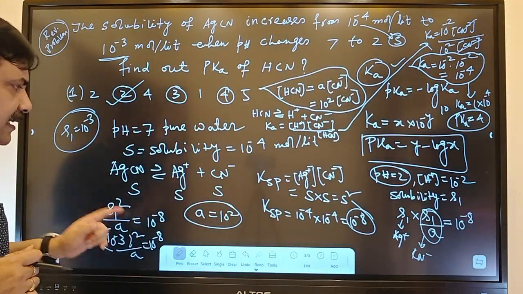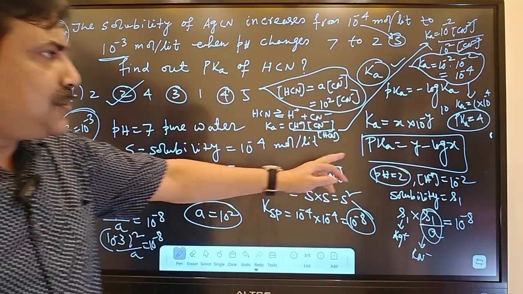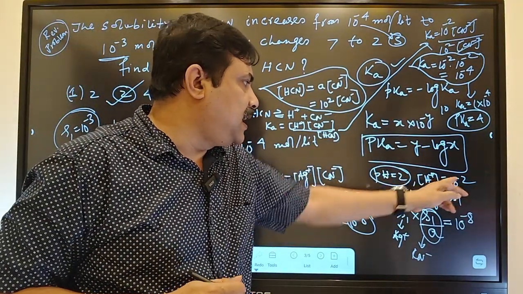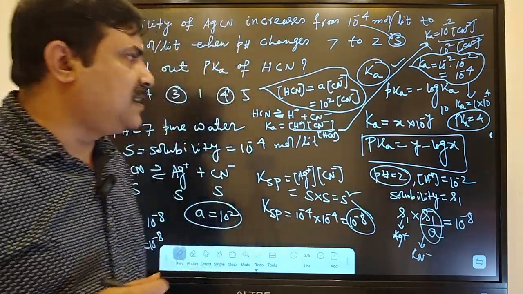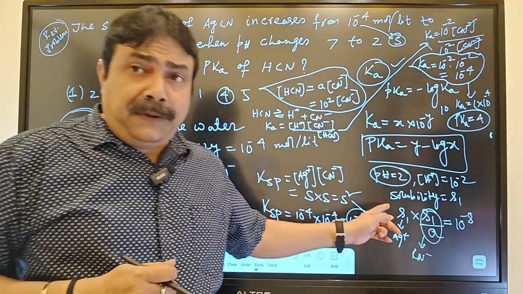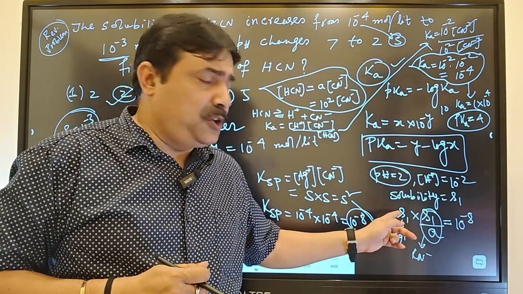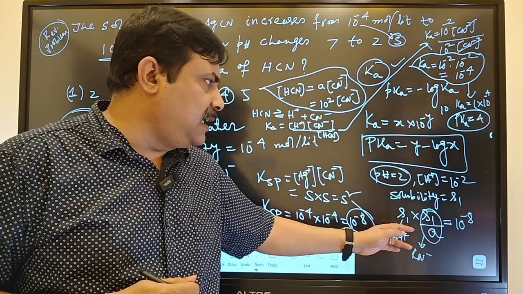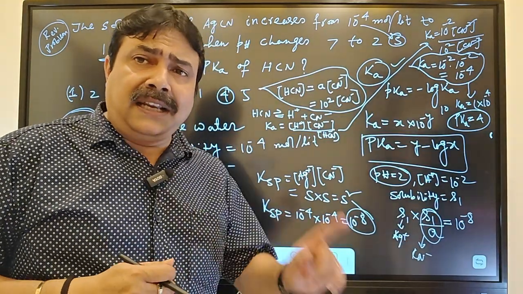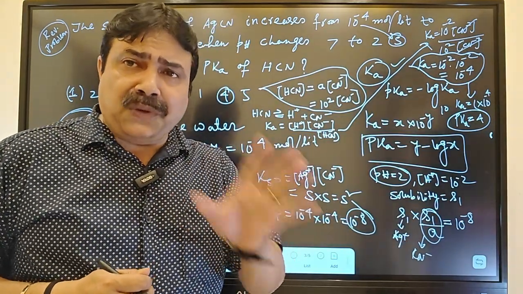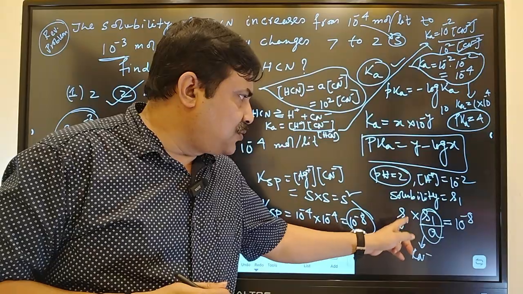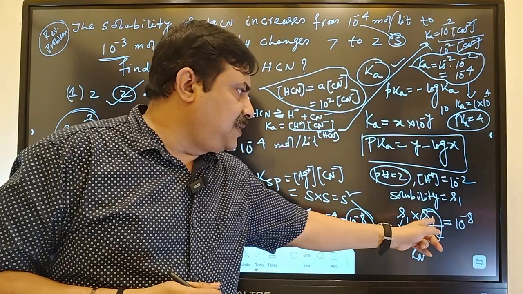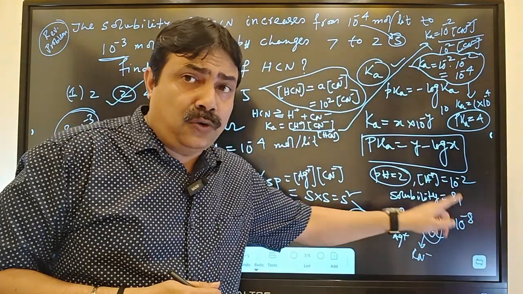And now I told you when pH is 2, H plus concentration is 10 power of minus 2, and the solubility is S1. In the previous forward problem, the silver ion concentration is the new solubility S1, so silver ion into cyanide ion. Cyanide is not exactly S1; it is S1 by A, and I don't know the A value over here.